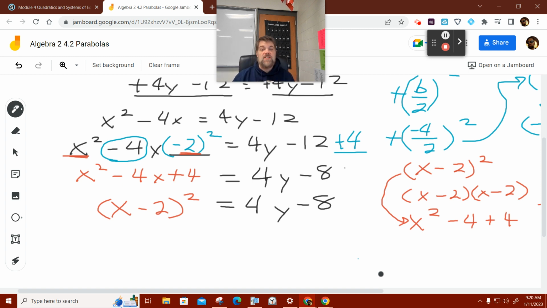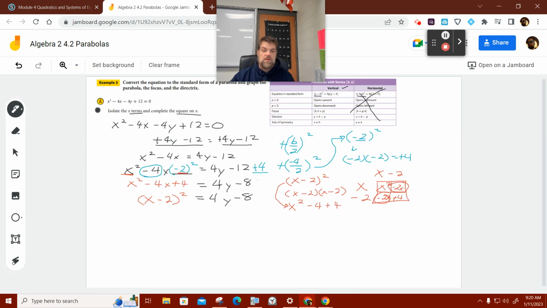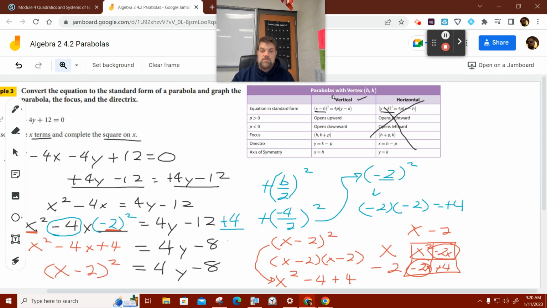Does that sort of look like the standard form for a parabola? Yeah, so if I zoom out, it's starting to look like this, right? What do I have to do to make it look like this? This stuff over here. What do I got to do to make it look like that?